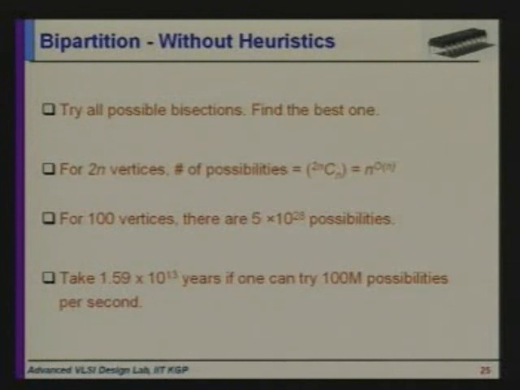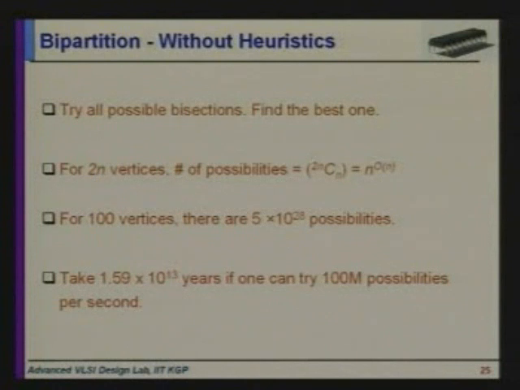Okay. So, if no heuristics were used, then what would be the problem? For 2n vertices, the number of possibilities of dividing between two partitions, where I put a vertex here or here, will be 2n choose n, which is of the order of exponential in n.